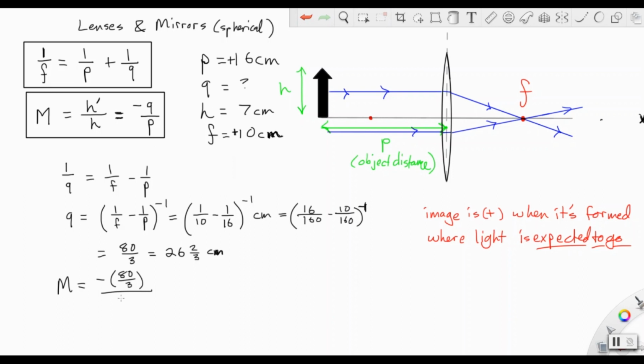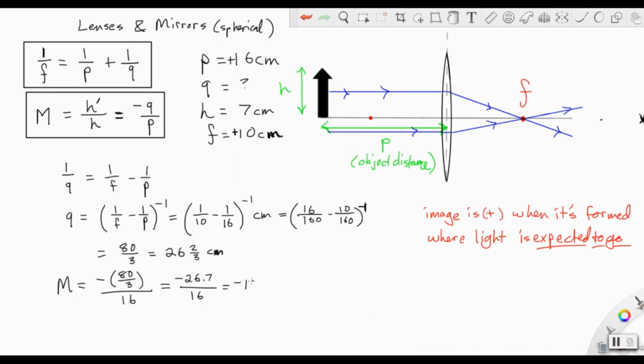P is 16, right? It didn't turn out as well as I hoped. We're probably better off saying it's negative 26.7 over 16, okay? It's a little easier to put in our calculator.